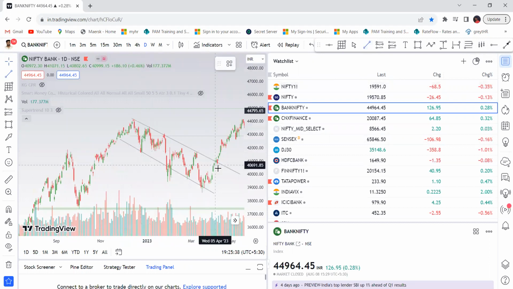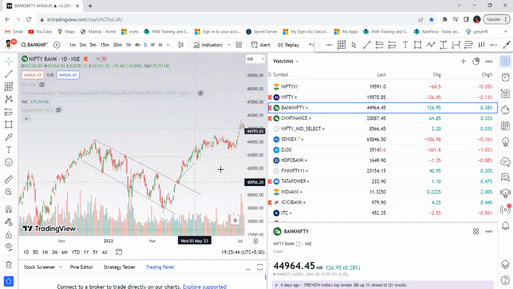So if price is falling like a waterfall, once it has broken, see the length. What is the length of this wedge? That will be the target.